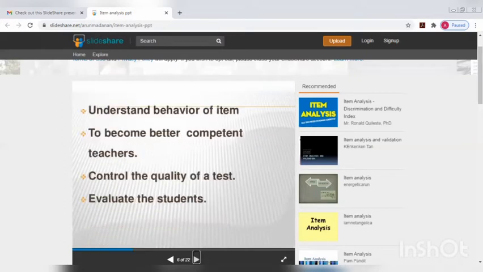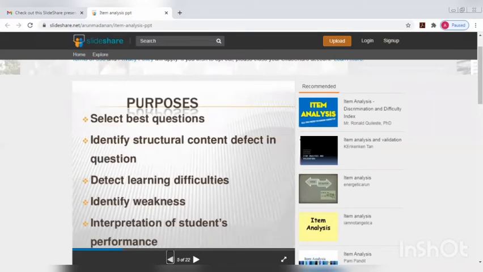Understand the behavior of an item to become a better competent teacher, control the quality of a test, and evaluate the students. So a student's evaluation is not only about trying to attempt the questions or items, it is also about their learning difficulties and their weaknesses, and what helps the students to solve those items, and what helps the students in interpretation in another section of the items.